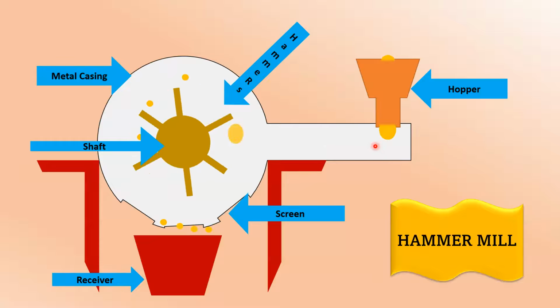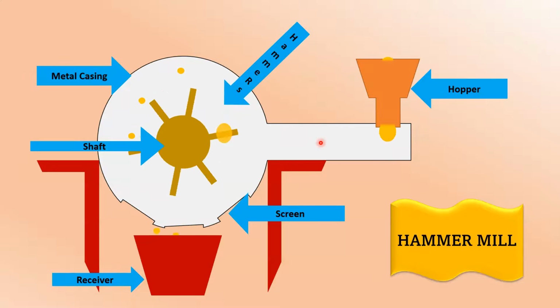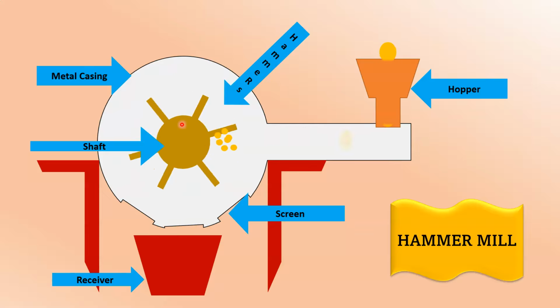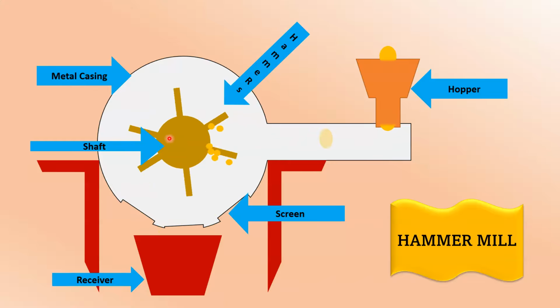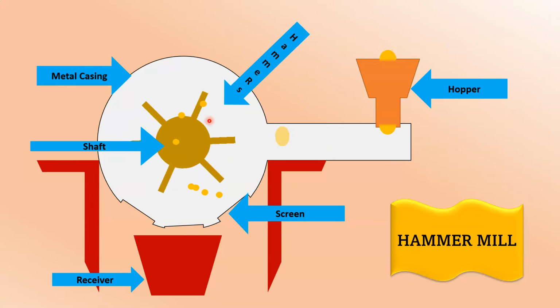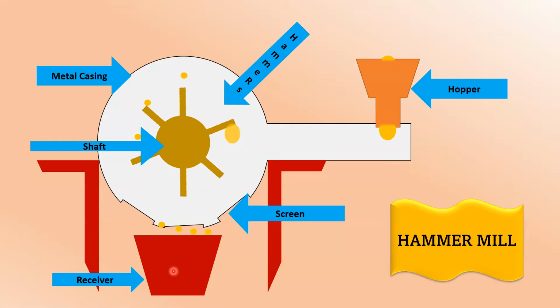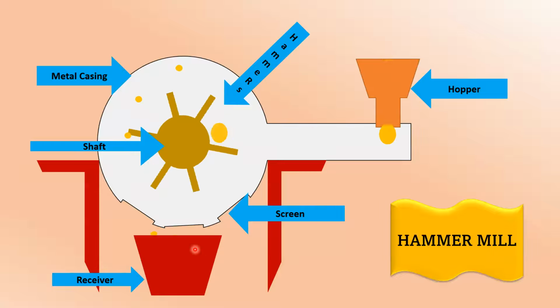The material whose size reduction is to be done comes in contact with these hammers, and the material is powdered into the desired size due to the fast rotation of the hammers. This size reduced material passes through the screen and is collected into the receiver.